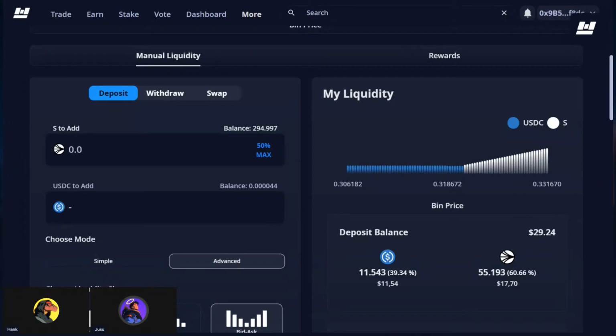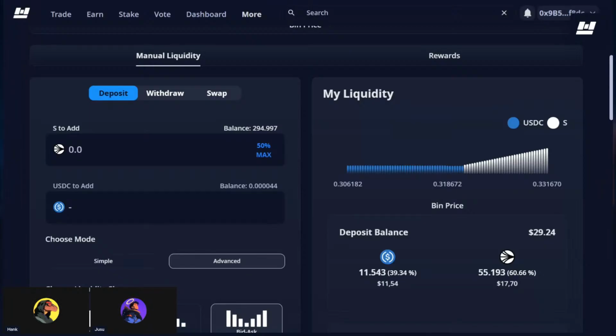So if you have a limited amount of funds, like smaller amounts, it could be more profitable to go to vaults rather than provide liquidity by yourself, since you pay gas fees. It's not much on Sonic, but it can add up if you deposit and withdraw many times. But if you go to the vault, the operator will pay the gas fees.